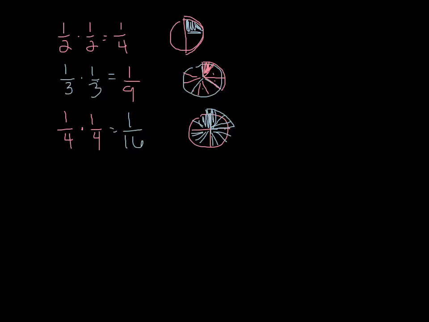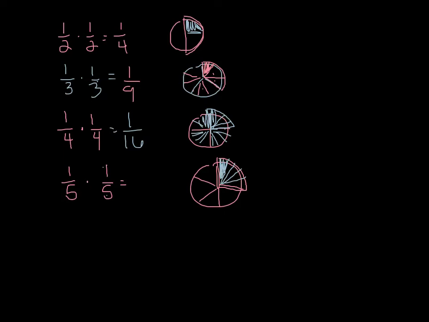Let's do one more, and then we're going to look at the pattern here. If I have 1/5 times 1/5, that means I'm taking a pizza that is cut into 5 equal pieces. Pretend those are equal. They're a little off, sorry. And I take one of those fifths, and I'm going to split it into 5 equal pieces, because I only get to eat one of those, 1 out of 5.